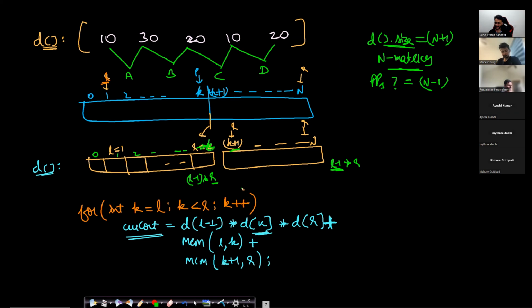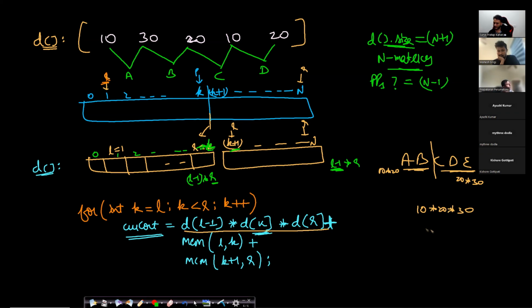Can you imagine it? If I have to give you an example: A, B, C, D, E. If I create a partition point here, then what will be the cost of multiplying this with this? Let's say this left side dimension is 10 cross 20 and the right side dimension is 20 cross 30. So the cost of multiplying this will be 10 cross 20 cross 30. This is the first part.